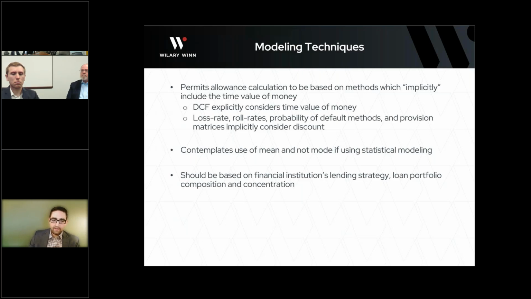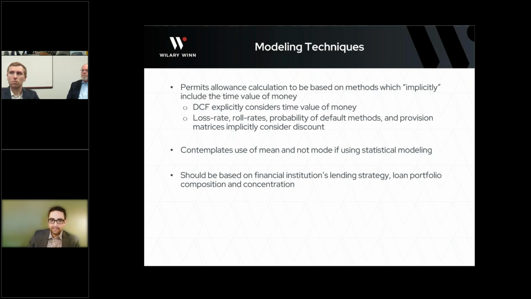But the models, like the discounted cash flow model, explicitly incorporate that into the cash flows, whereas other approaches like a loss rate model, roll rate model, or PDLGD model generally factor in that time value of money more in an indirect manner, typically through how those loss assumptions are applied. So the bottom line there is that while the standard gives you plenty of flexibility, you have to choose an approach that's practical and relevant for the portfolio and for the actual data.